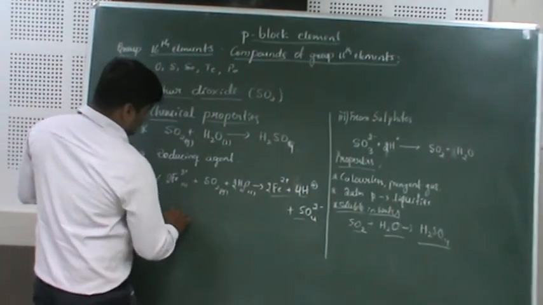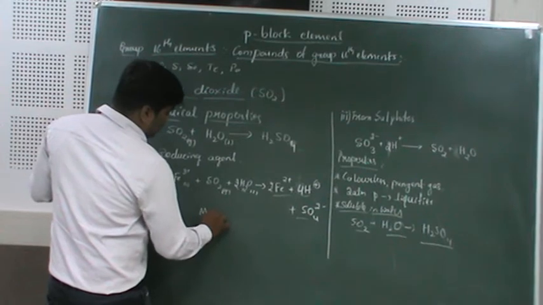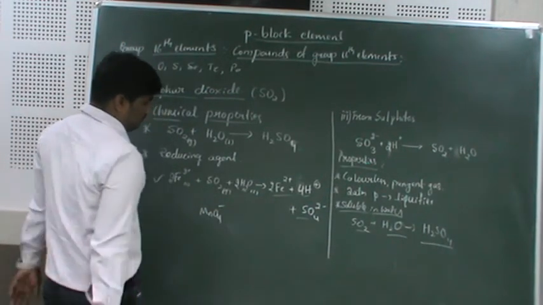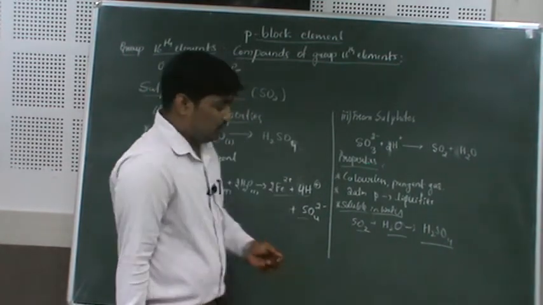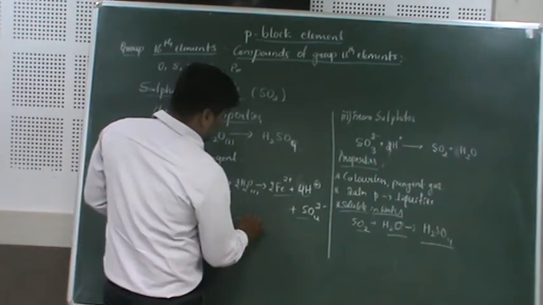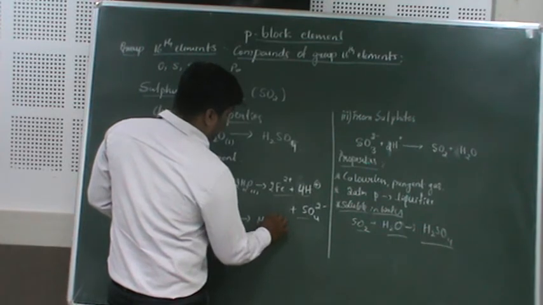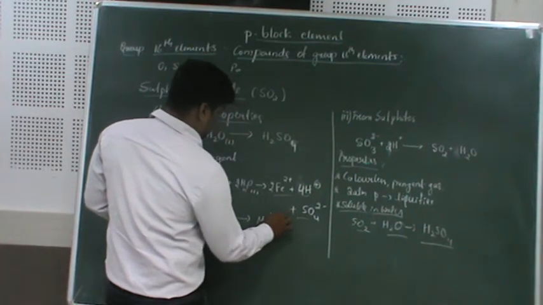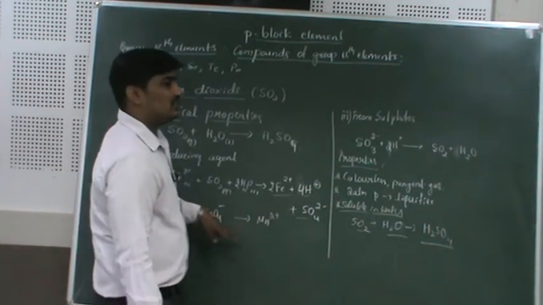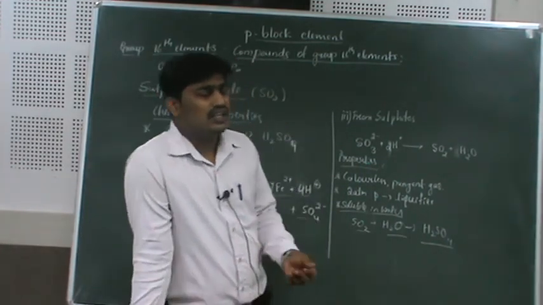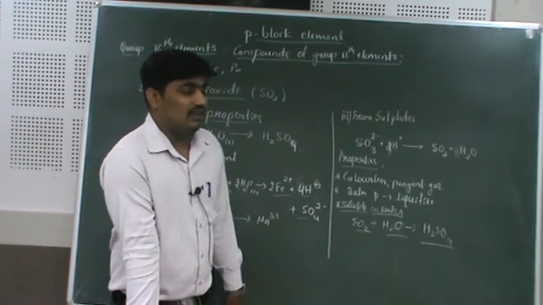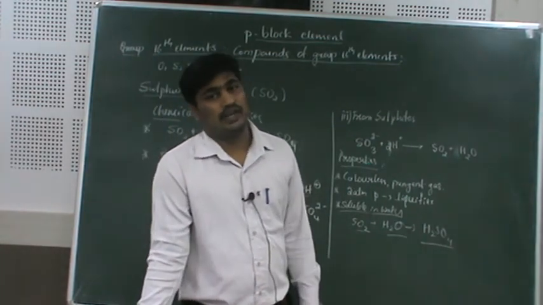Next, when sulfur dioxide reacts with MnO4−, that is, potassium permanganate reacts with sulfur dioxide, it gets converted into Mn2+. The oxidation state decreases. So this is another example of the reducing character of sulfur dioxide.